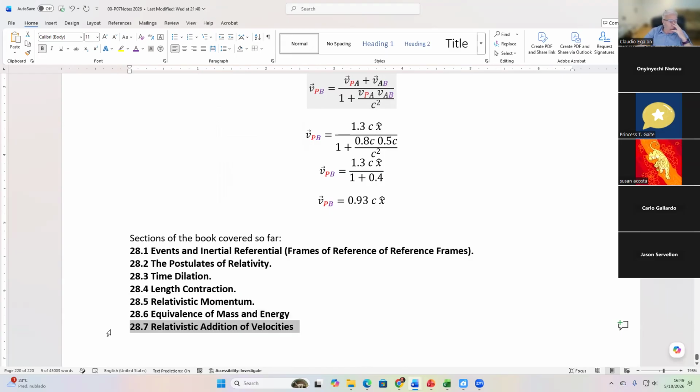You cannot sum up the velocities like we did in relative motion, right? You have to apply that correction term for relativistic velocities. So we are done with chapter 28.